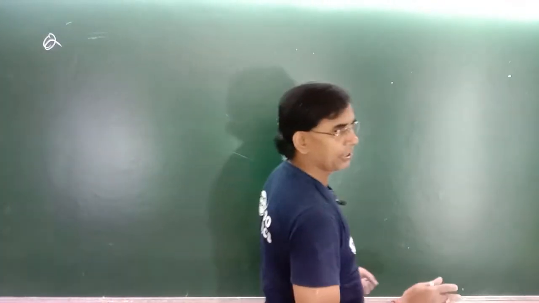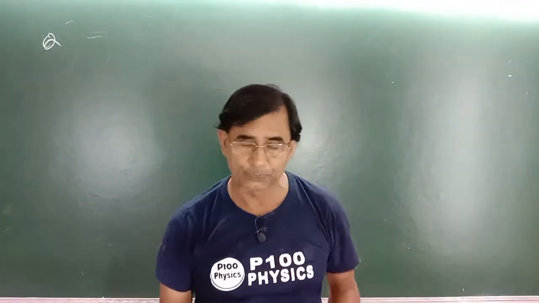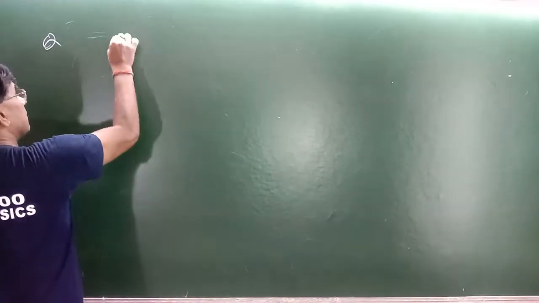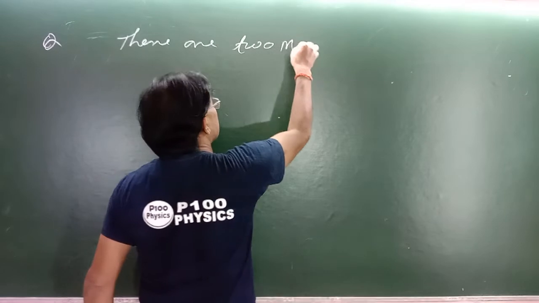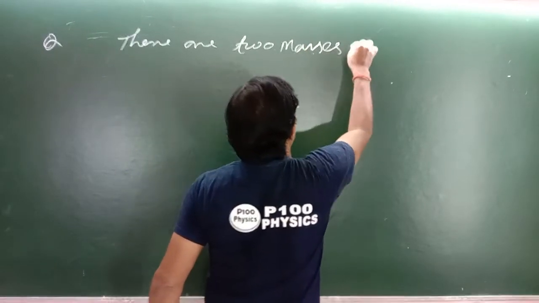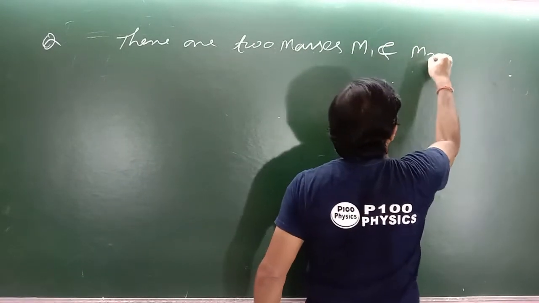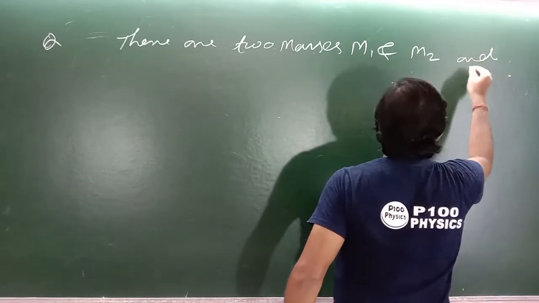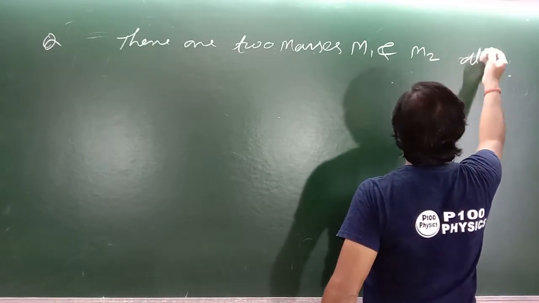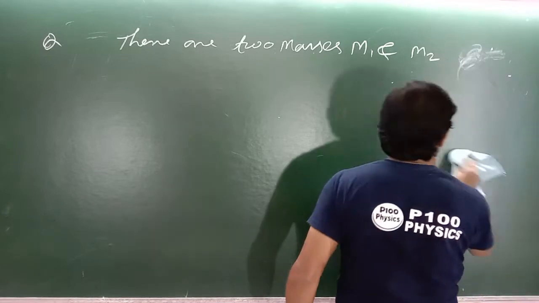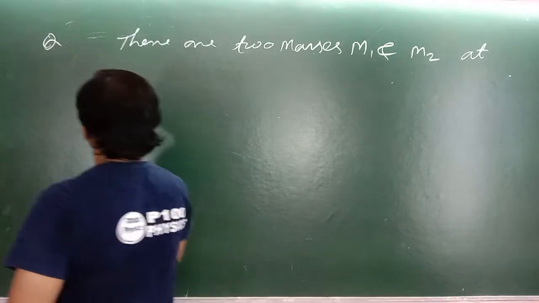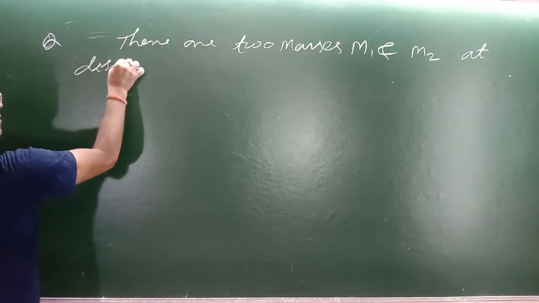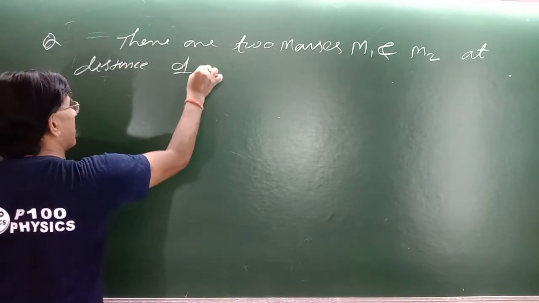Most important question. It is given in the question that there are two masses M1 and M2 at distance d apart.